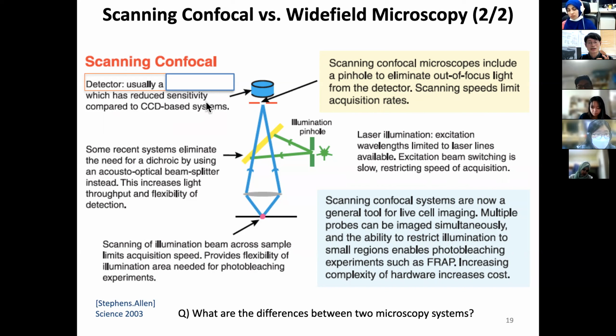In our case, typically we are using a PMT, or photomultiplier tube. In fact, its shape is a tube. So these are the differences. And I put this busy slide for your own reference so that you can study later what the differences are between what you are familiar with, the wide field, versus this confocal laser scanning microscope.